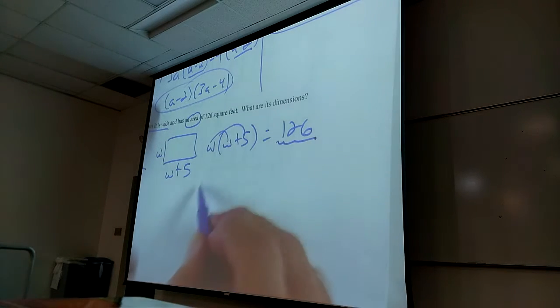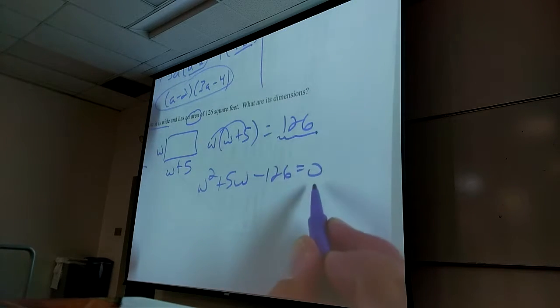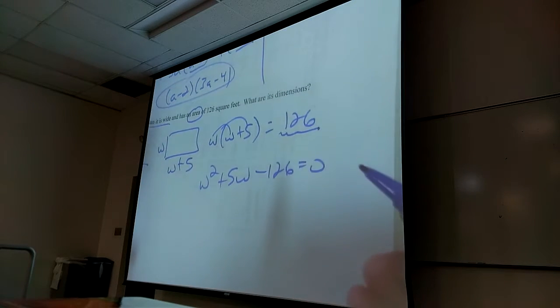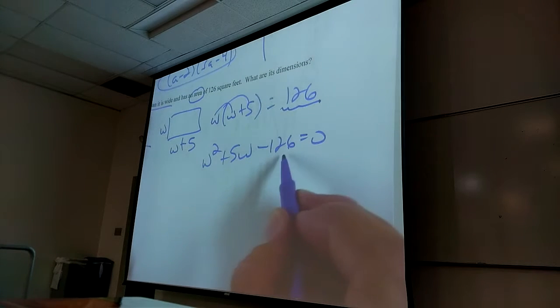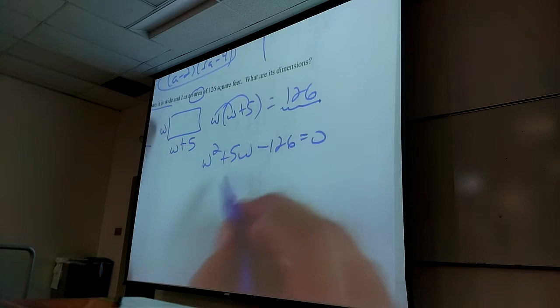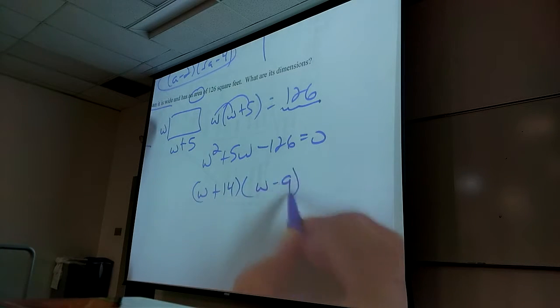So if I multiply this through, subtract the 126 over, I can then factor this and do that trick. Right? 126 looks daunting, but eventually you get 14 and 9.